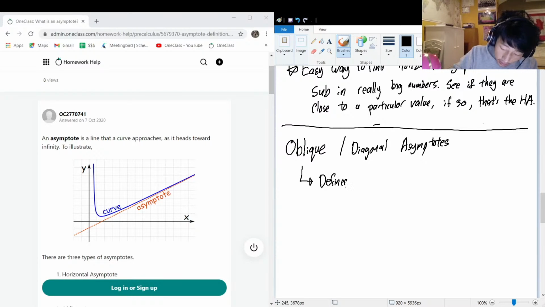They are defined by a line, that's where linear comes from, with the form y equals mx plus b.